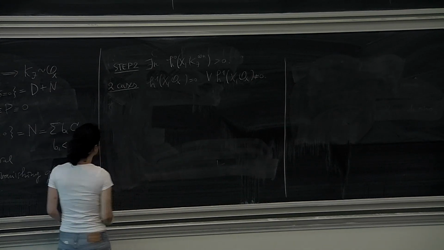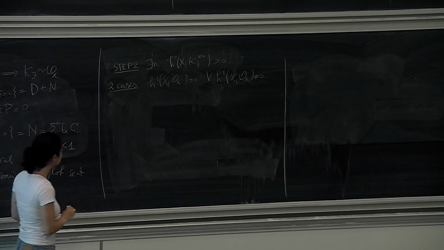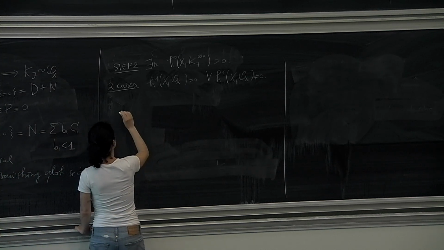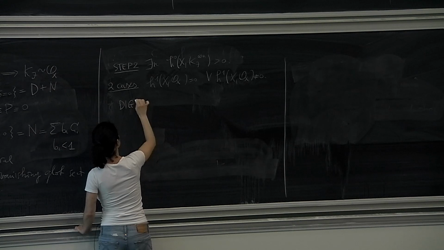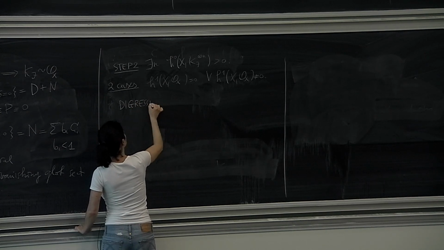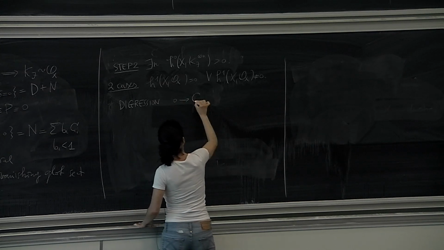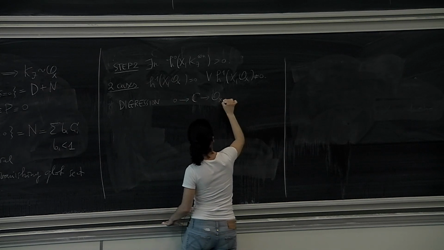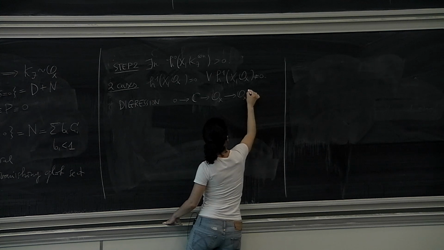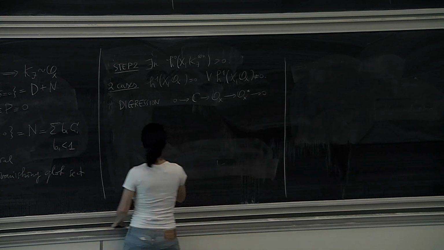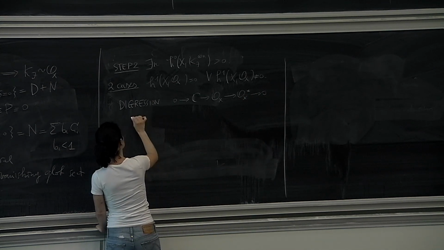So maybe I'll open a small parenthesis here. Just another small digression. What does this H1 represent? So we have a short exact sequence like this. And we pass to cohomology.